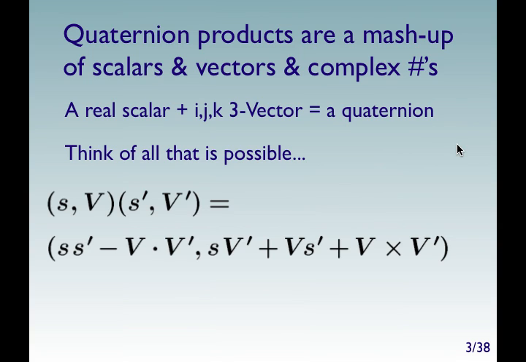You can form the dot product of V and V prime, and that shows how much in the same direction they're both going. Now that does have a minus sign, but that's because of this kind of complex number flavor that is involved with quaternions, and that's it. I mean, it's not that big a deal to remember, oh yeah, kind of complex number, I guess I'll throw a minus sign in there.